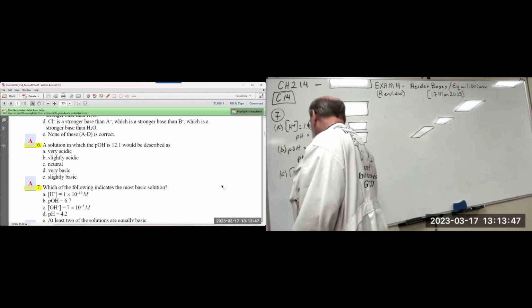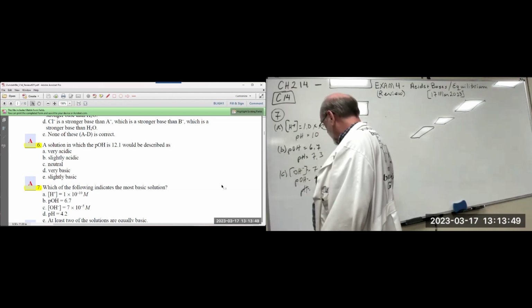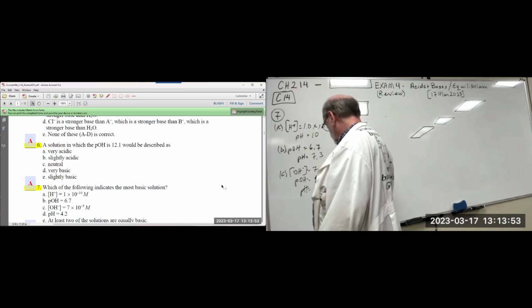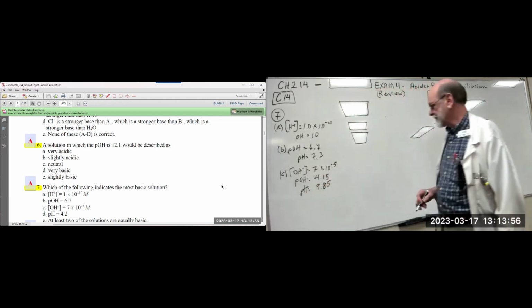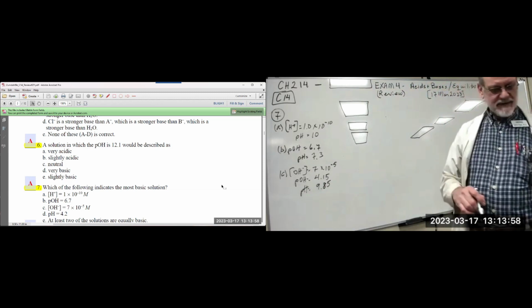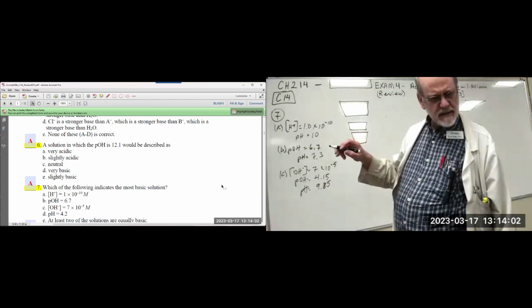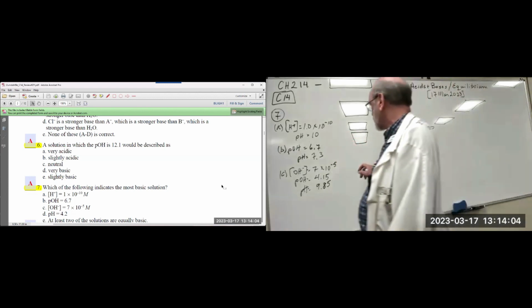So the pH would be equal to 9.85. Right? All right, and let's see, D. pH equals 4.2.